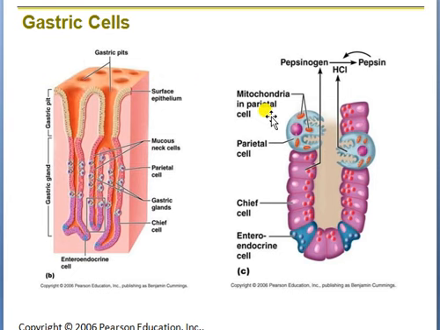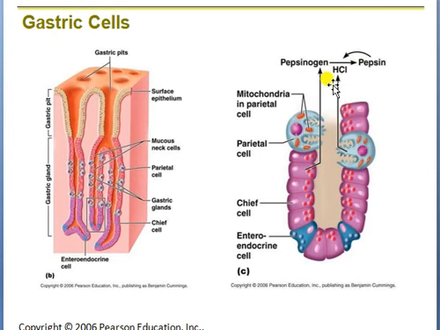Parietal cells have mitochondria also shown here. See, the chief cells secrete pepsinogen, and the parietal cells secrete HCl. This HCl converts pepsinogen to pepsin.